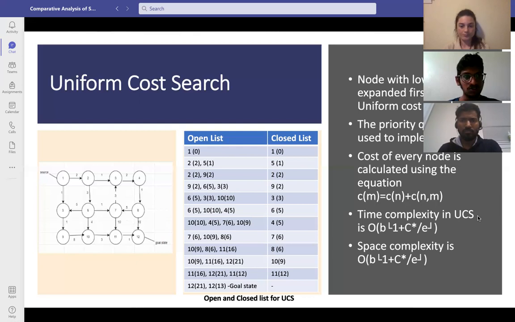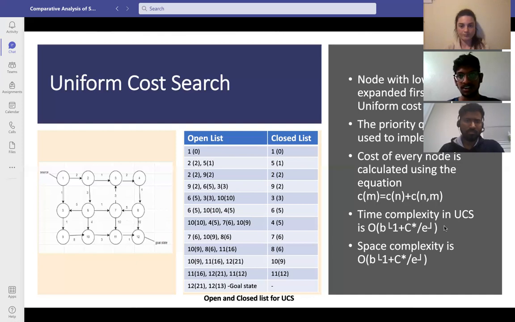The distance is 2 in both cases, but since 2 came first, we follow first come first serve. So we will cover node 2, and after that we will go to node 9.